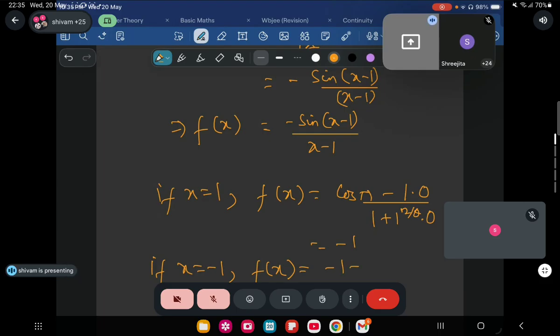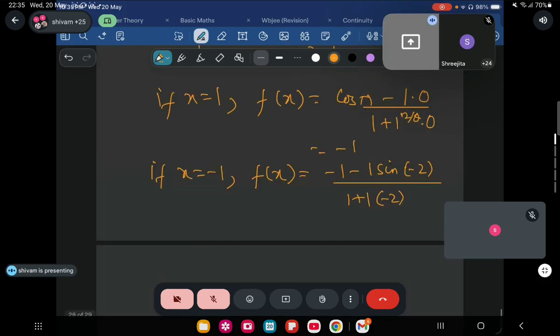Then -1 minus 1 into sine of -1, that is -2, divided by 1 plus 1 into -2. This will become 1 minus sine 2.